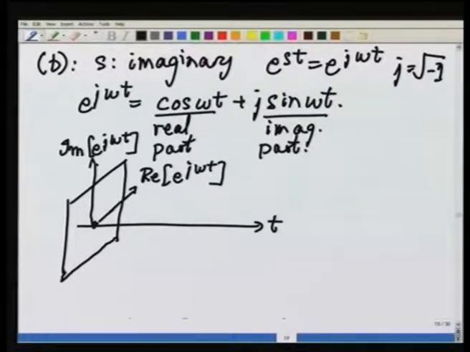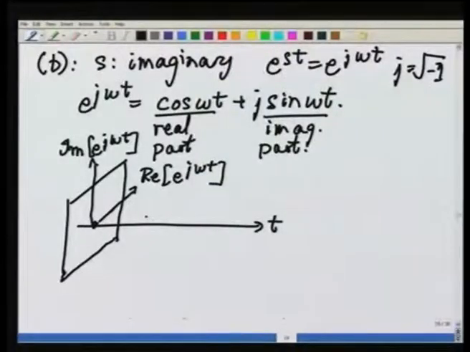All right. Now, we know the real part, so we can plot it on the horizontal plane. The horizontal plane, using t as the horizontal axis, would give us cos omega t.